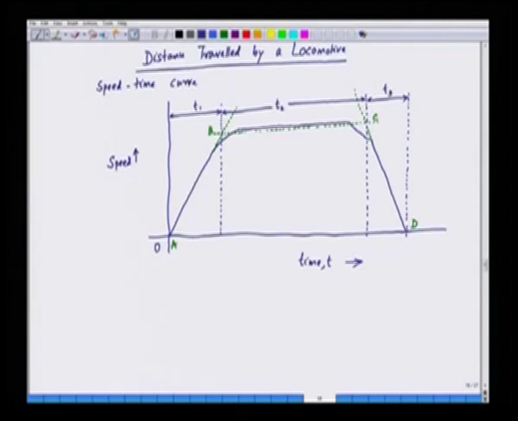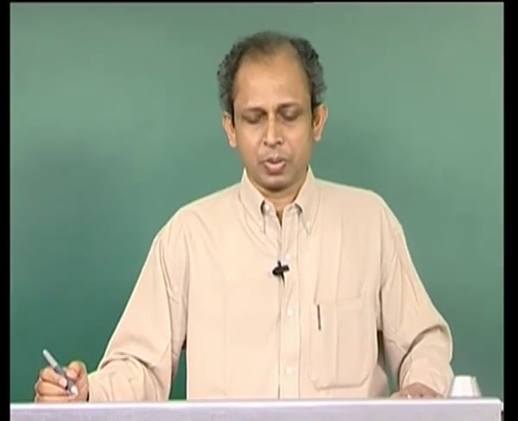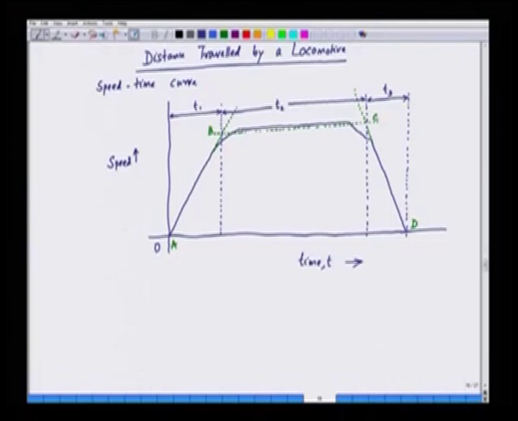We define the acceleration as alpha and deceleration as beta. So, this is our T1, constant acceleration. And then we have braking in this case. This is the braking region. This is the free running period. And this is coasting.